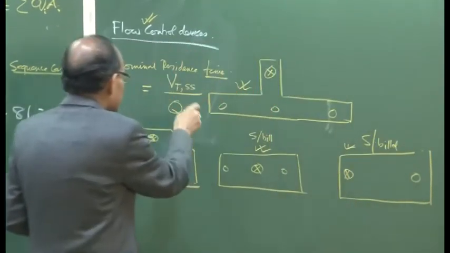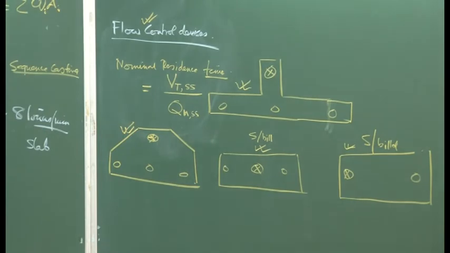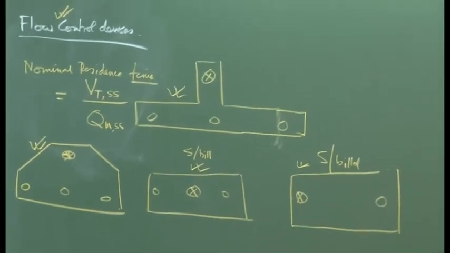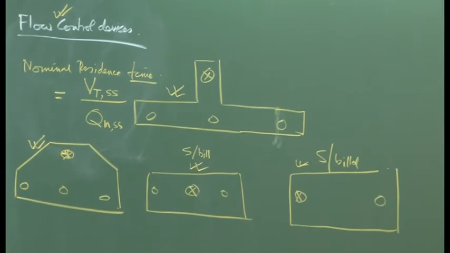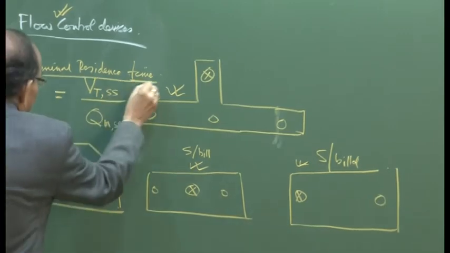Most of the bloom casting tundishes are 3 strand or 4 strand tundishes, and they are delta shaped or T shaped and so on. These are popular shapes, that is what I wanted to tell you. Many other shapes are also possible. So the nominal residence time differs in the tundish.